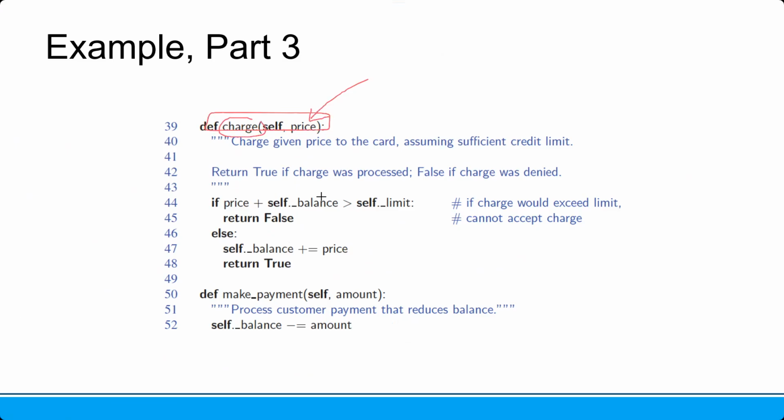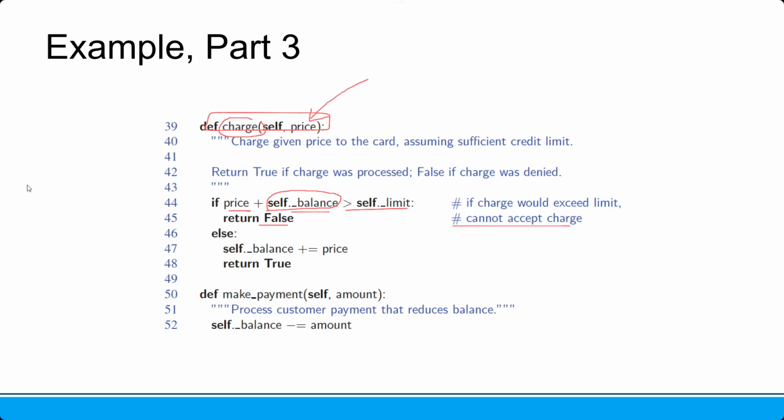So as I mentioned last time, the price should be checked with the balance. If the price plus the balance is higher than the limit, then false. So it means we cannot accept the transaction.